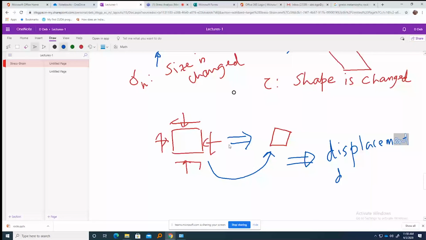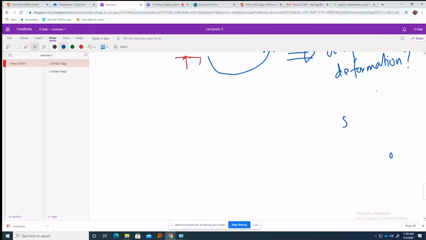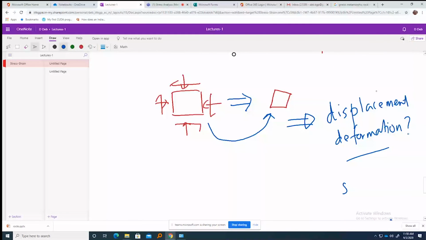They have never told you that because we consider rigid bodies, not deformable bodies. Now we are coming to the fact that the body will deform due to this load. So how does it deform, that we must know. So we must understand now also the displacement and the deformation.